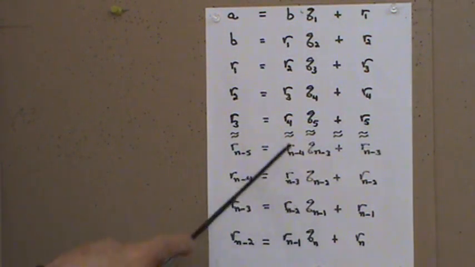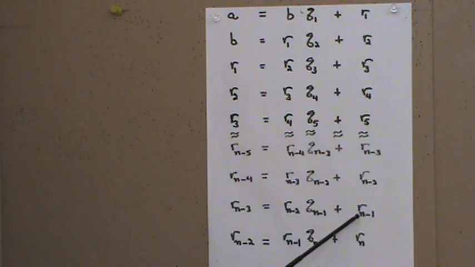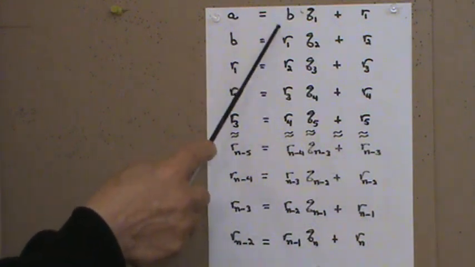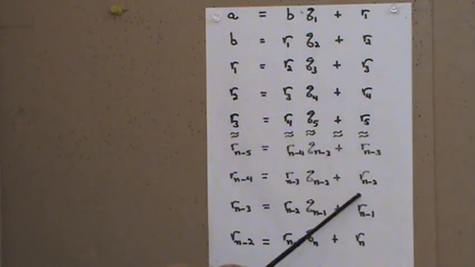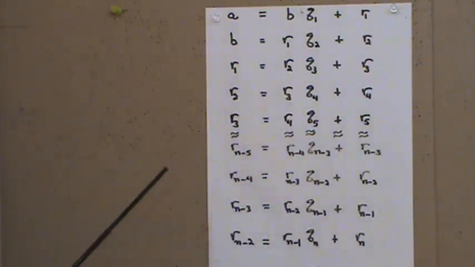That means D divides R_{n-1}. The D that we selected, that divides A and B, also divides the R_{n-1} that we selected to be the common divisor of A and B.